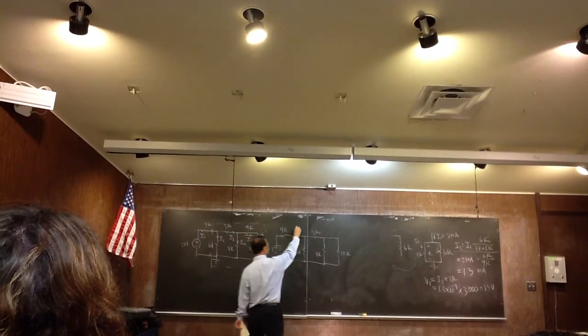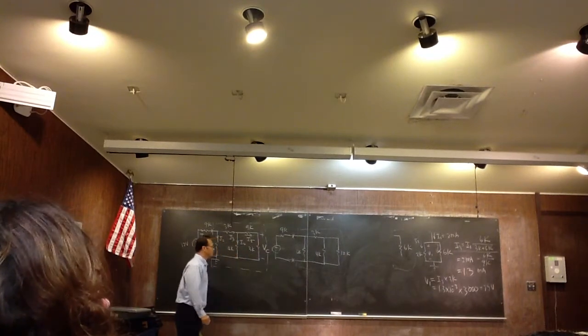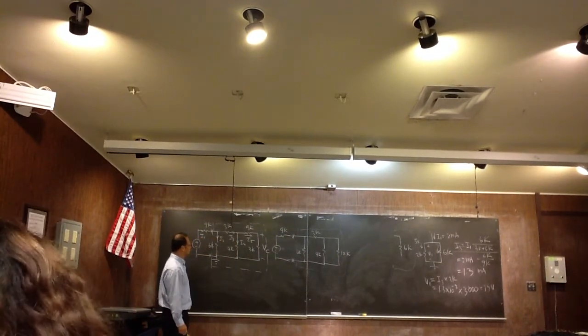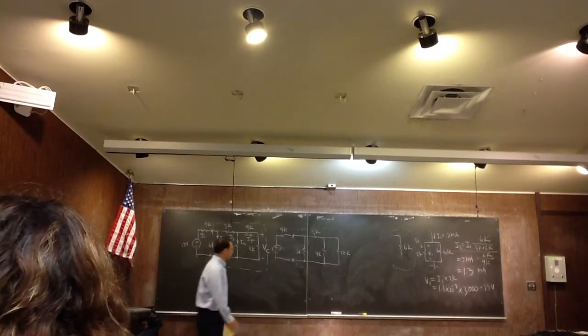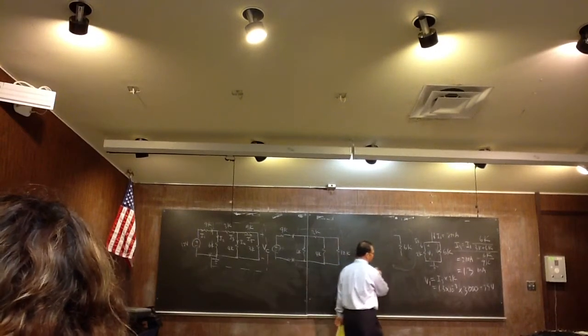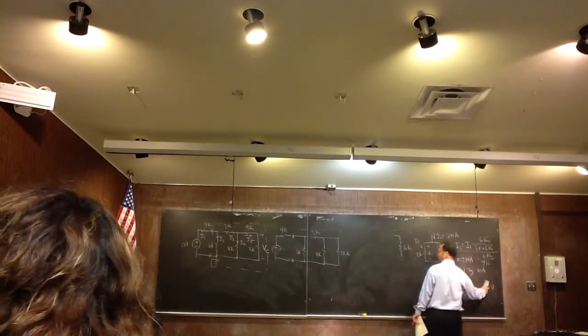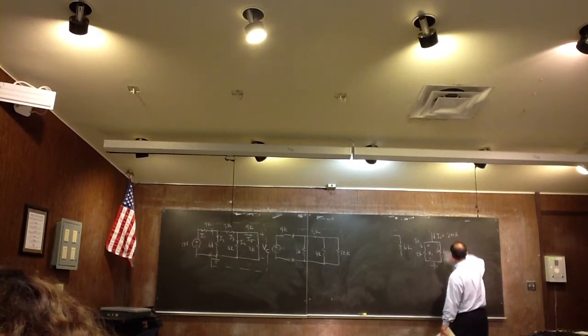So we are talking about the box right here. Then these two are in parallel. 12K and 4K in parallel will be 3K.